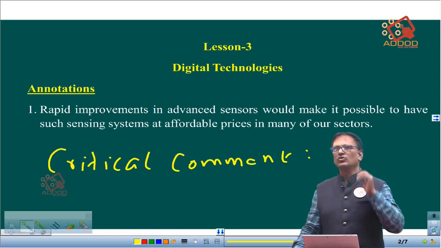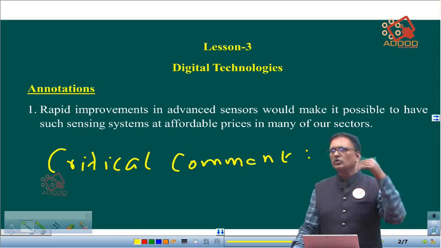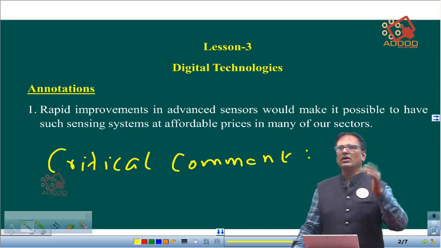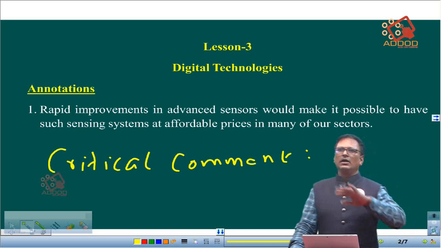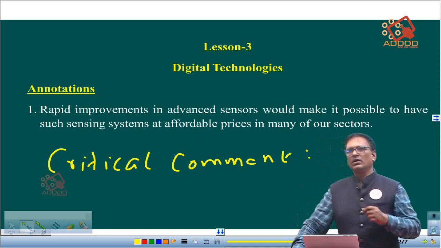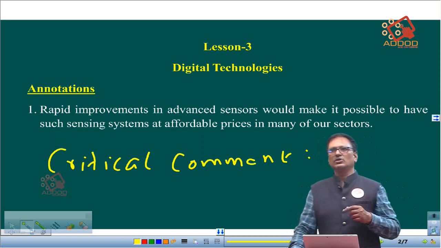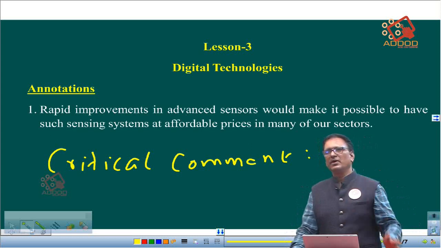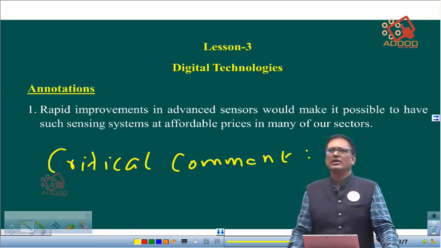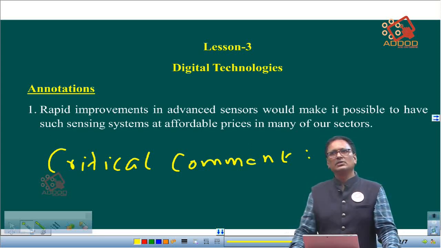Out of 100 students, 90 students simply copy critical comment also directly from the material, guide, or test paper. But those who evaluate your answer scripts know from which guide or test paper you have written. So that never gives a 100% impression.